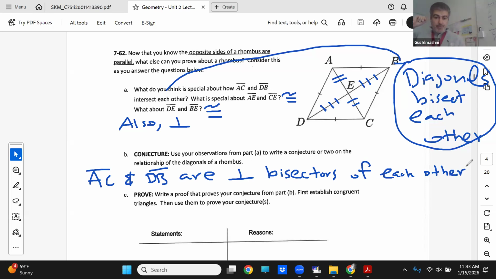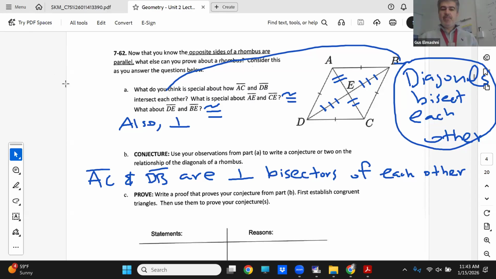Now we have to prove it. So it's going to be a pretty lengthy proof, and we're definitely going to do some triangle congruence stuff, 100%. So get ready for it. But let me know when you're ready for me to move the screen.